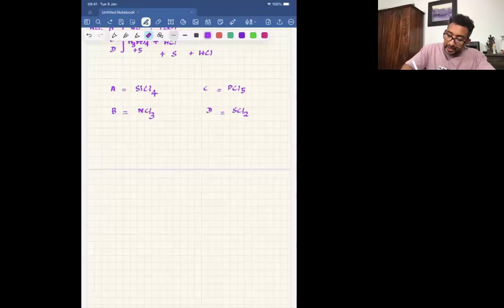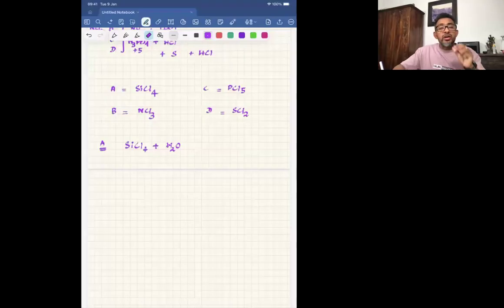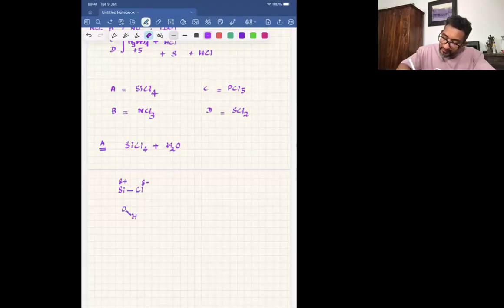So A, SiCl4, when you add water, silicon takes the oxygen, chlorine takes the hydrogen. If I take silicon and chlorine, this is delta minus and this is delta plus. So in water, this is delta minus and this is delta plus.